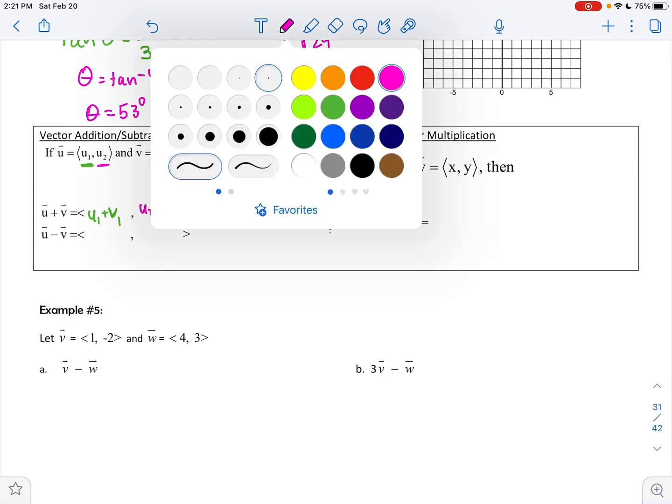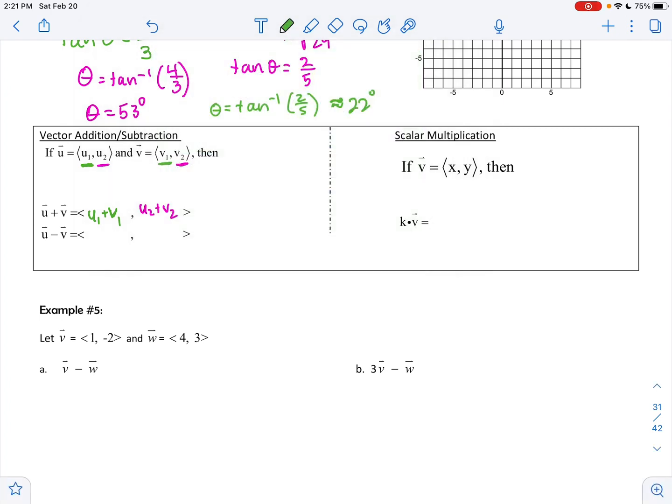So in this case, if it's u minus v, where v is reversed, then you would say u1 minus v1 would be the operation that you would perform. Same thing for the y components. You would take the u2 and then minus the v2. And these are the values of the component forms, the horizontal and the vertical, that you were given.